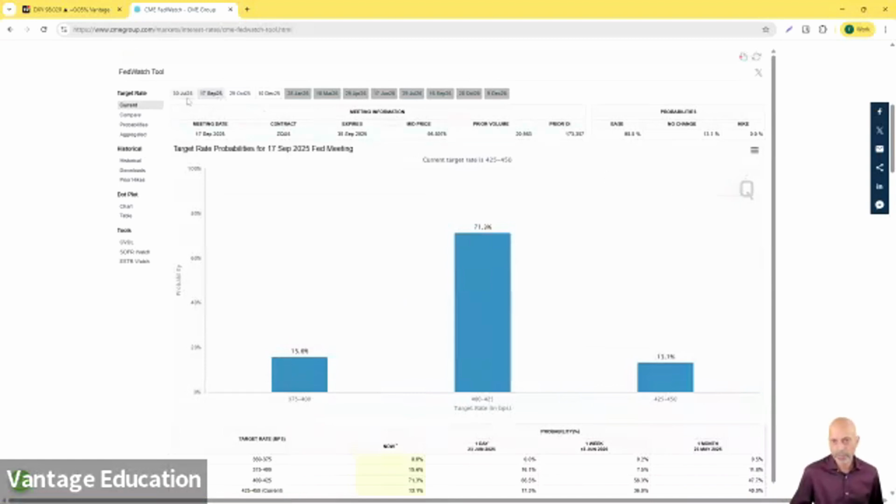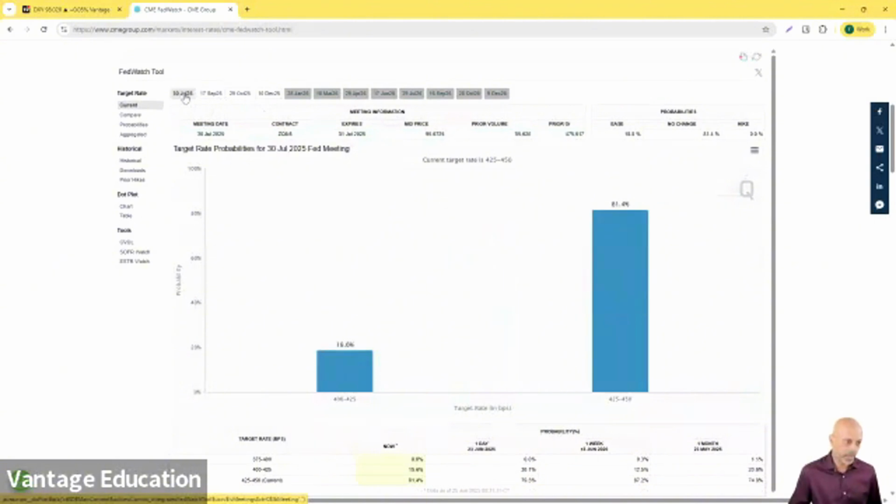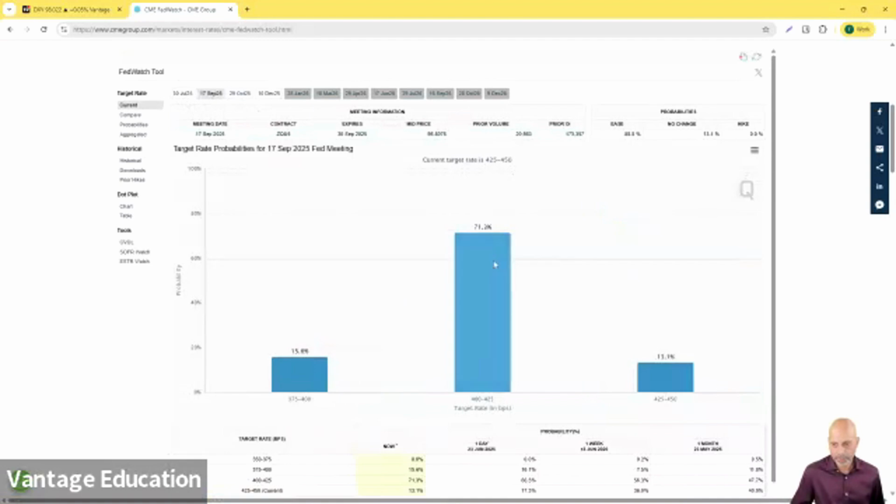So you can see here, with the Fed projected to make just 2 rate cuts for the second half of this year, it's still very likely that come July, the Fed is going to maintain rates at current levels, and where they could perhaps make the first rate cut looks to be priced in for September, right?